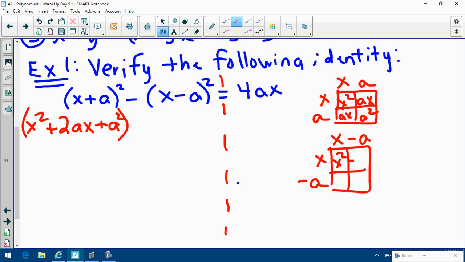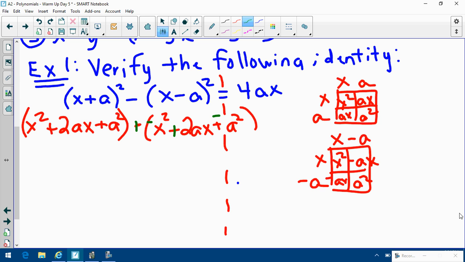That's x squared minus ax plus a squared. So it's going to be minus, I'm going to put this in parentheses because of that minus, x squared, minus 2ax plus a squared. And remember when I'm subtracting, I got to change the signs. So I would want to make this plus, minus, just like we were doing with long division.